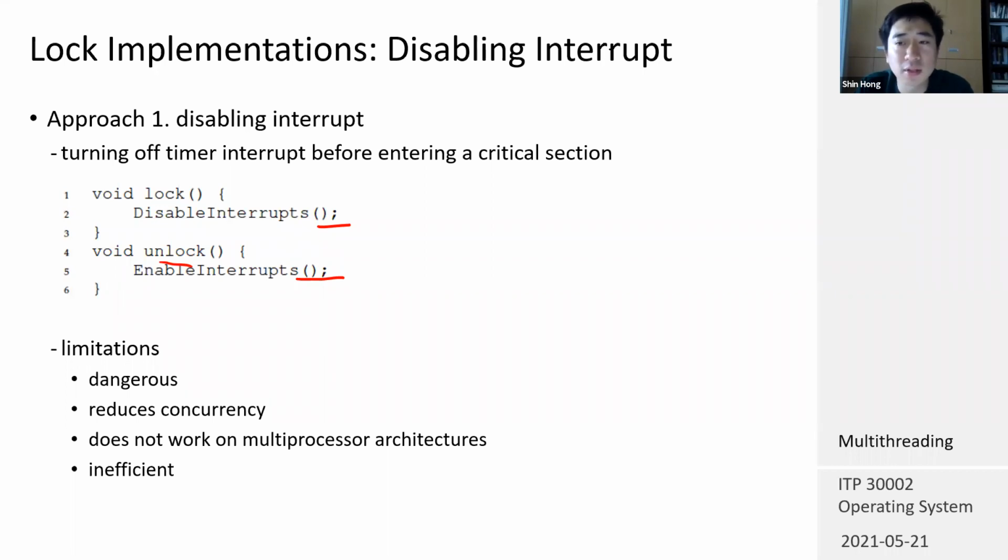If a timer interrupt doesn't happen in any case, then no context switching happens, because context switching, especially preemptive context switching, relies on the timer interrupt mechanism. So this will make the code following this operation be executed atomically. So this is a correct implementation. But what's the problem here? There are several problems here.